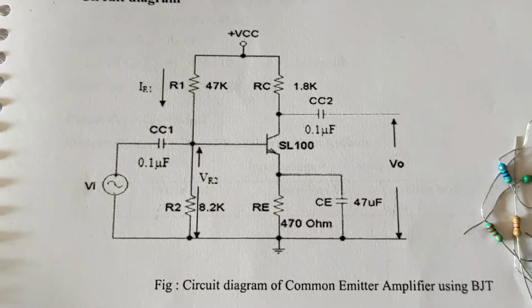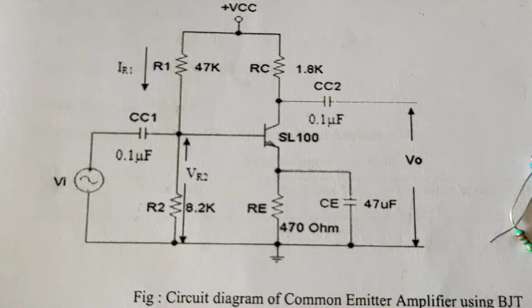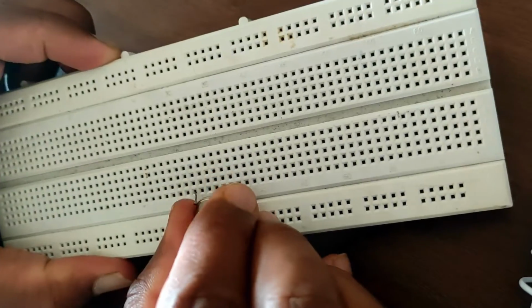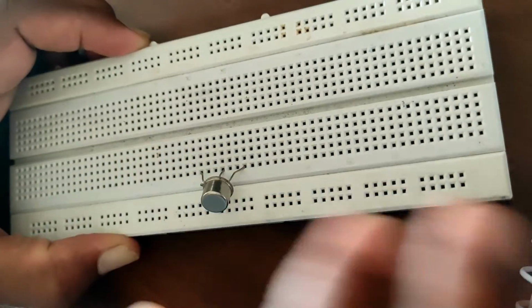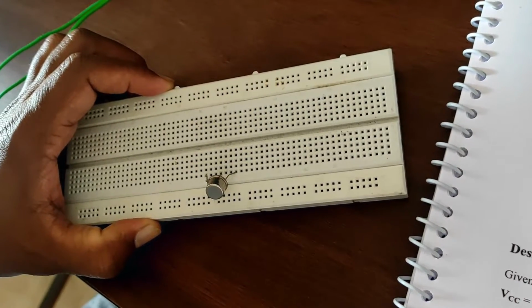Circuit connections in the breadboard are made according to this circuit diagram. Transistor is connected.